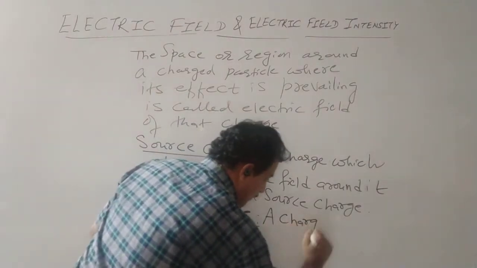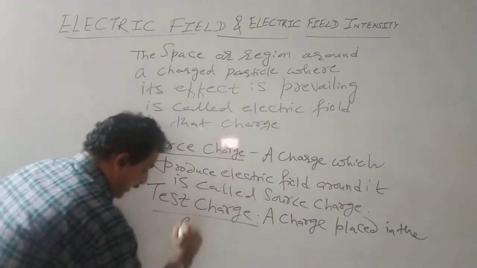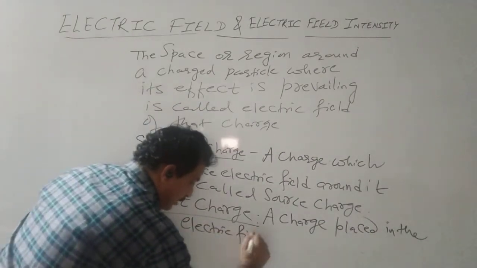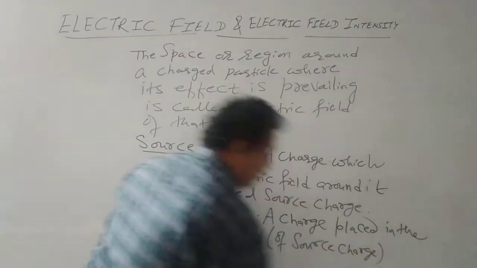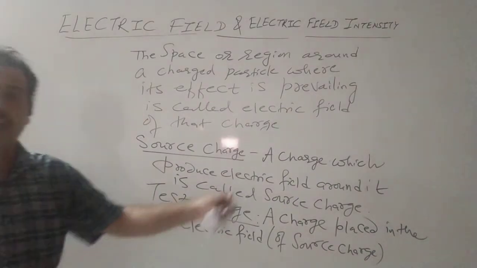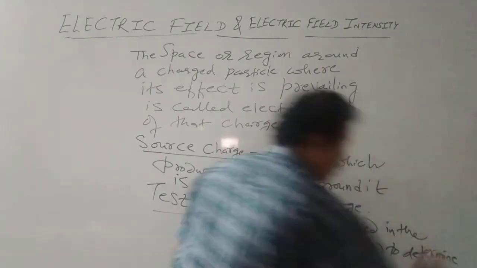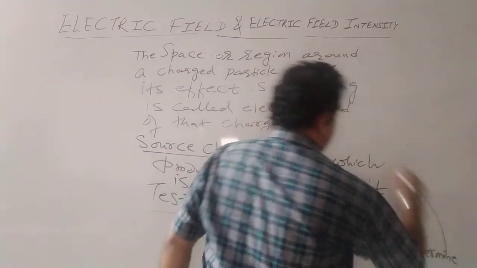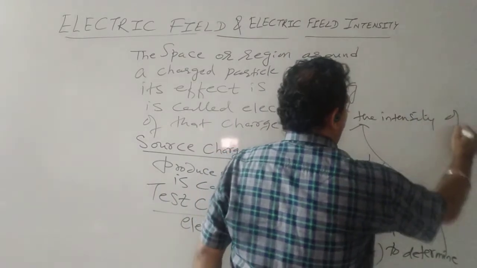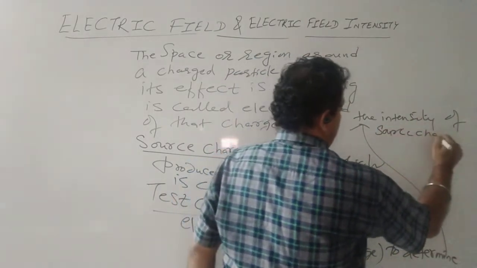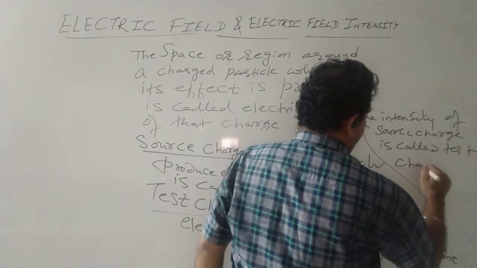So a charge placed in the electric field, किसकी, ब्रैकेट में लिख देते हैं, of source charge, to determine the intensity of source charge is called test charge. So keep this definition in mind.